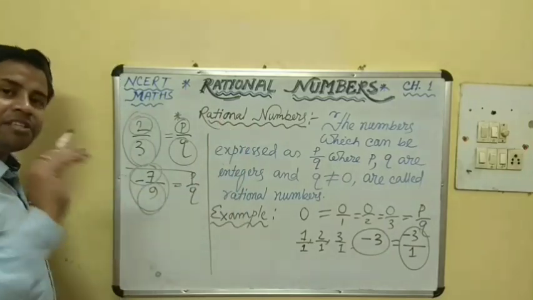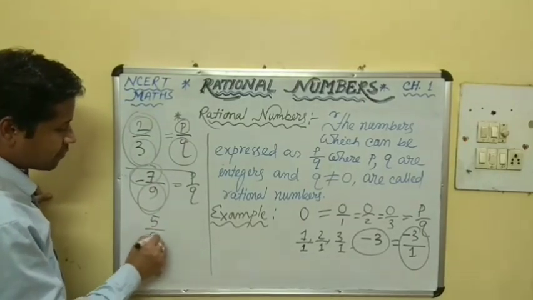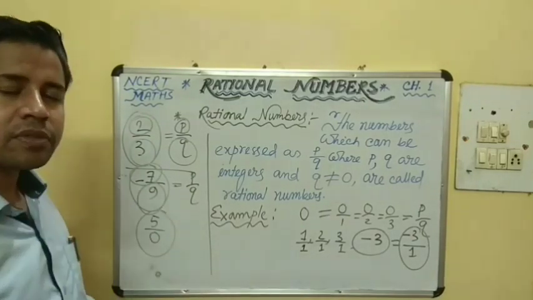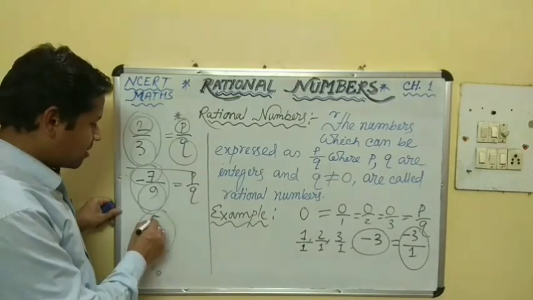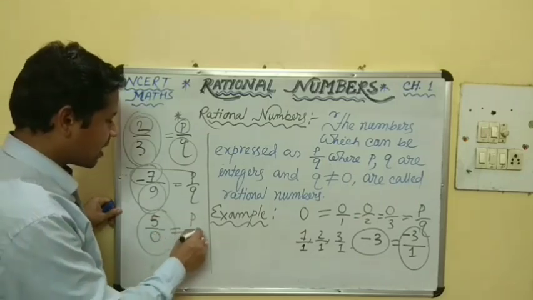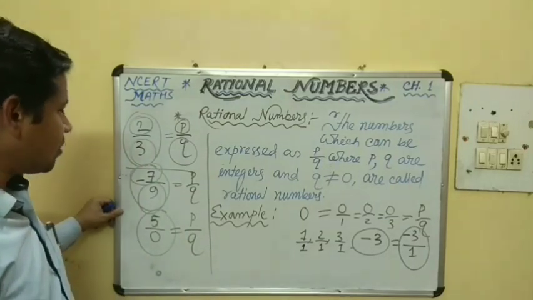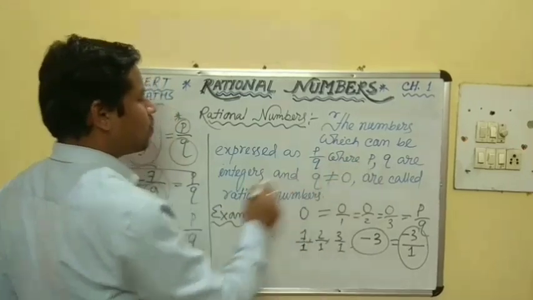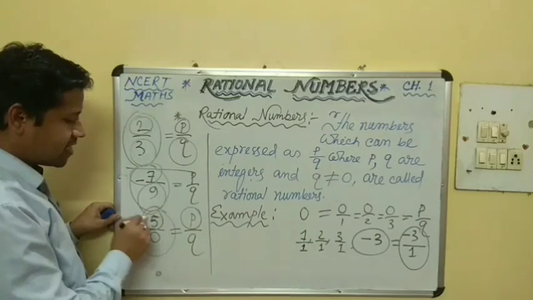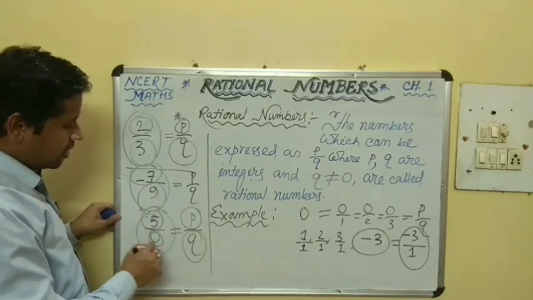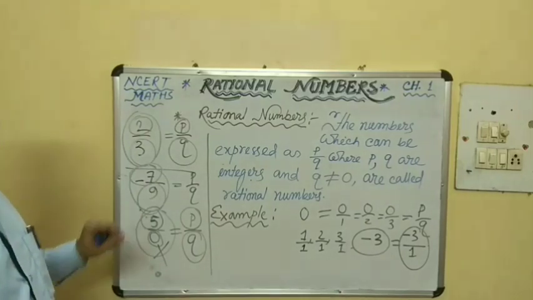Now suppose I say 5 by 0. Is it a rational number? What do you say? Can 5 by 0 be represented as P by Q? According to the definition, P and Q are integers and Q is not equal to 0. Here P is 5, an integer, but Q is 0, so we can't say that this is a rational number.